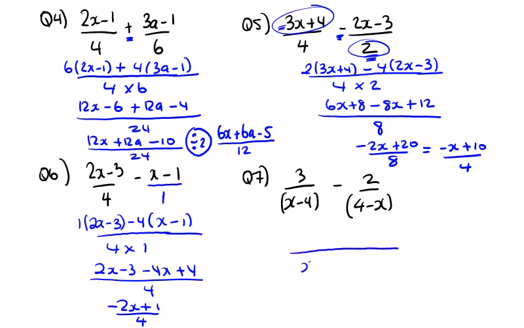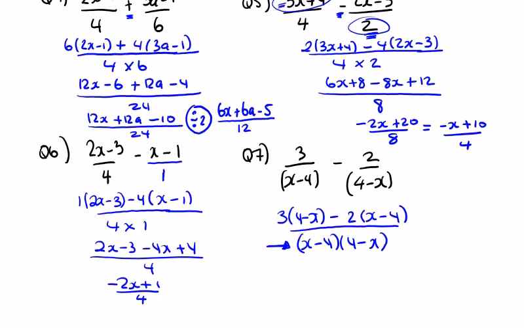On the bottom, we have x minus 4 by 4 minus x. On top, we have 3 by 4 minus x. The minus sign is going to be minus 2 by x minus 4. Now, in maths, this is fully simplified. We don't need to multiply the bottom out. So let's just leave it the way it is.